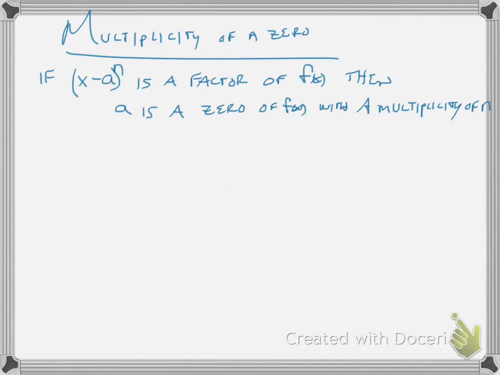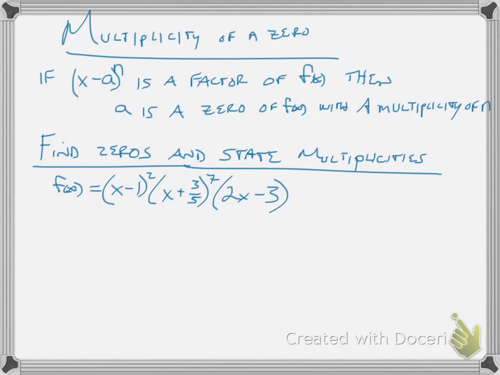So to tell what the zeros are, we're going to do the same thing that we did before, except we're going to state the multiplicities. So this is already in factored form. Okay, I have x minus 1 squared times x plus 3 over 5 raised to the 7th times 2x minus 3 raised to the 4th.